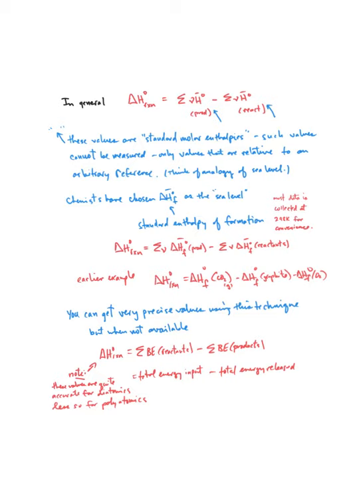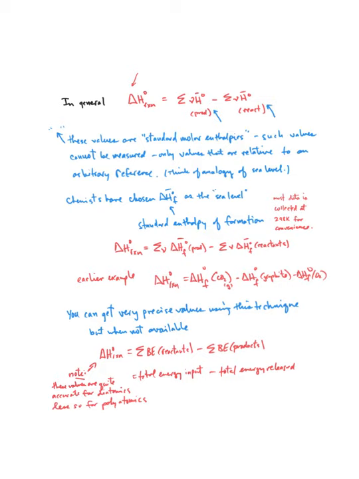So in general, the change in enthalpy in a reaction is going to be equal to the sum of the enthalpies of the products minus the sum of the enthalpies of the reactants. Remember, the standard way that we use the delta symbol is final minus initial. We're going to see an exception to that later in this lecture, but for now, we take the product enthalpies minus the reactant enthalpies.